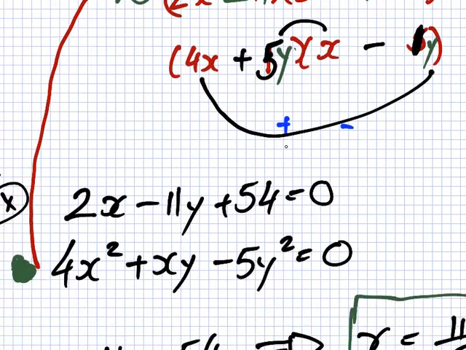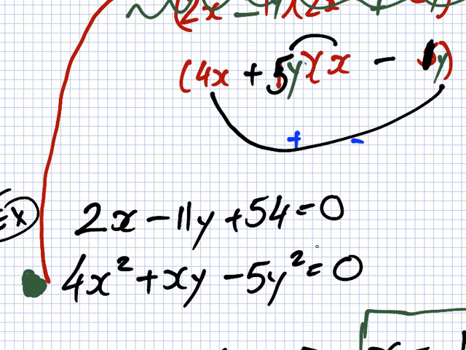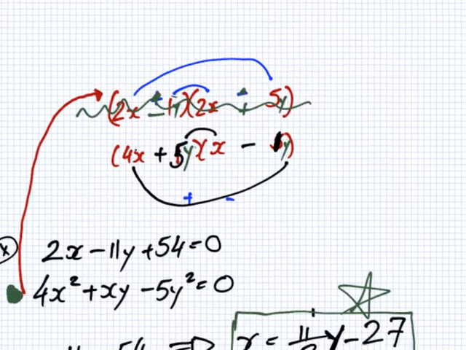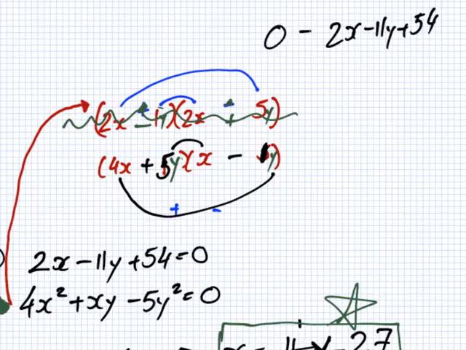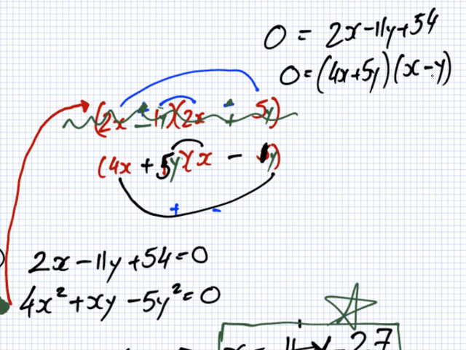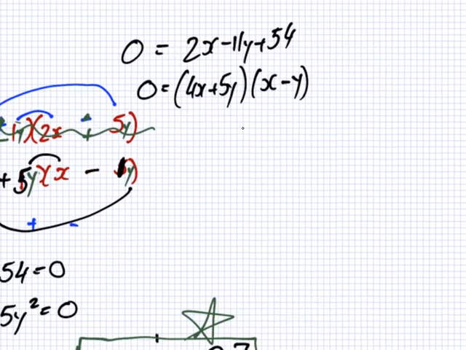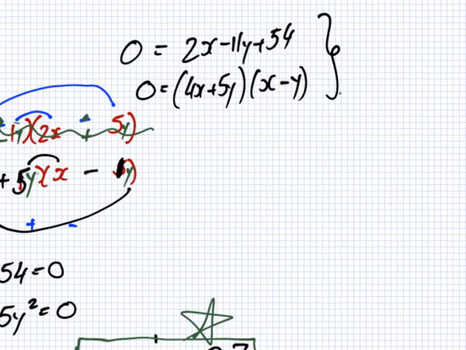Right, so after all of that messy business, we can now say that our two equations are 2x minus 11y plus 54 equals 0, and the second one equals 0 is 4x plus 5y and x minus y. Now, what to do next?